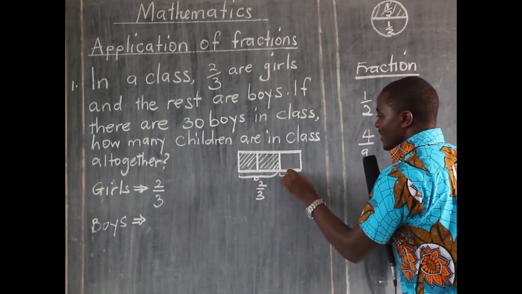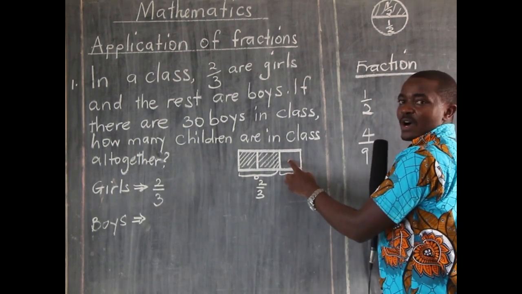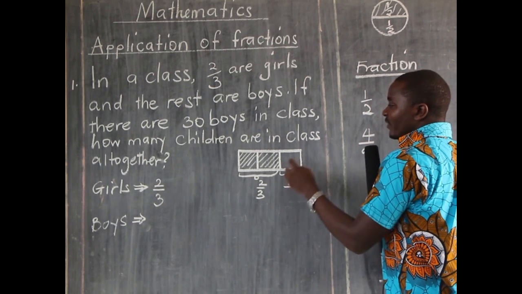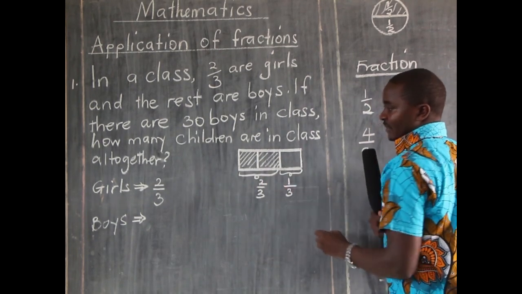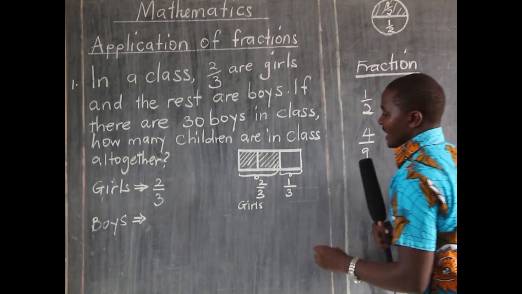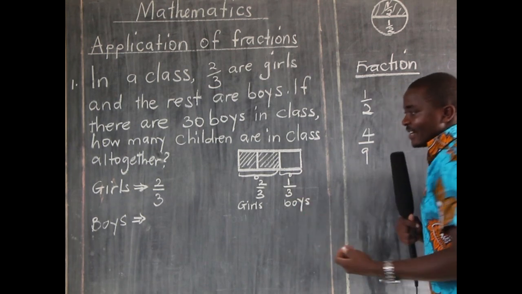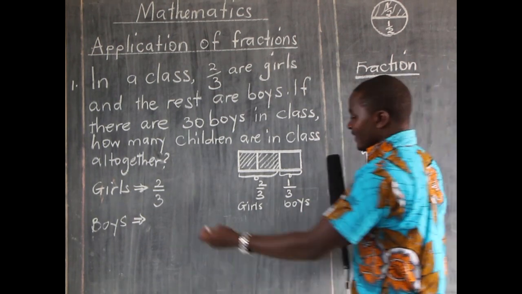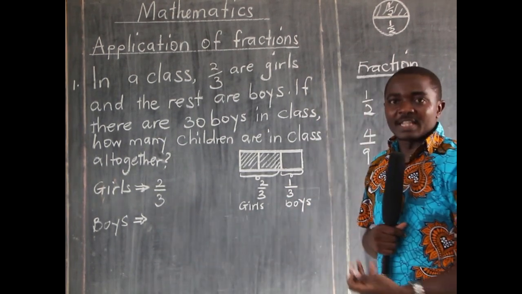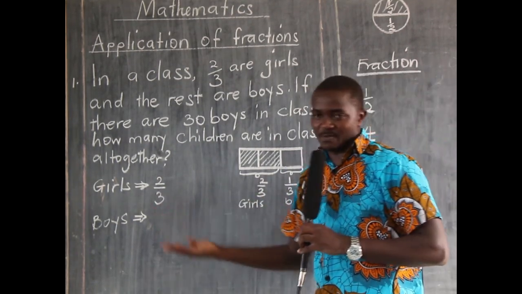That means that the remaining part, which is 1 out of the 3 parts, will be for boys. So 2 out of 3 is for girls, and then 1 out of 3 is for boys. That is the remaining fraction. So the remaining fraction for boys is 1 out of 3. This is a simple diagram that can help us to get the fraction for boys.